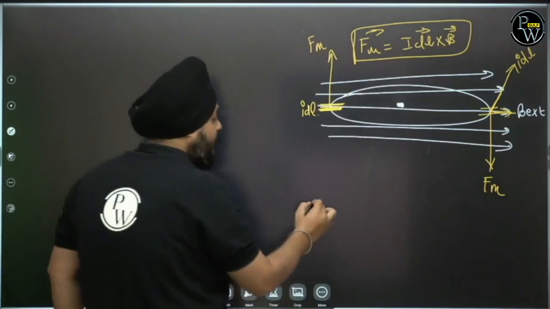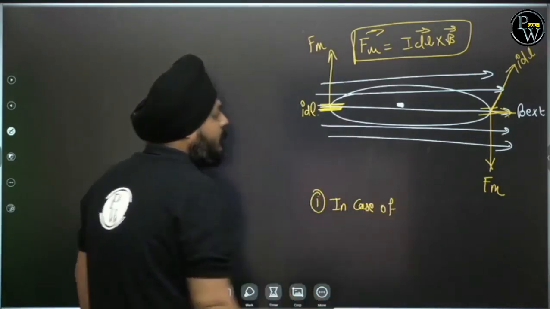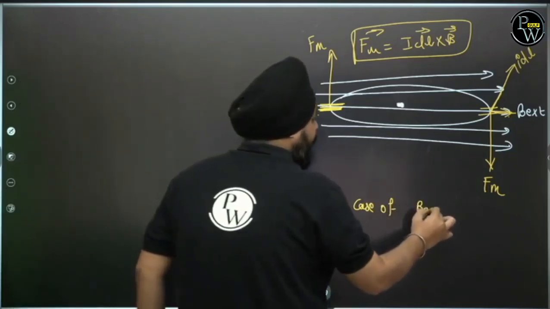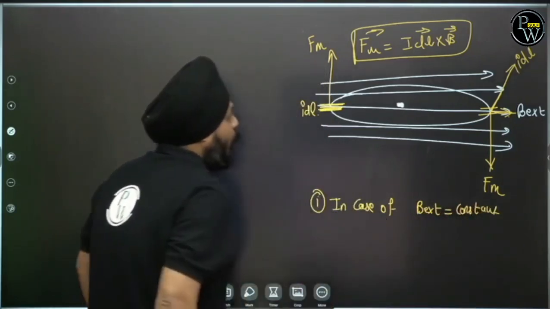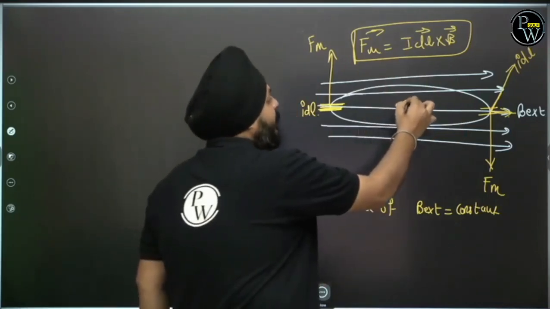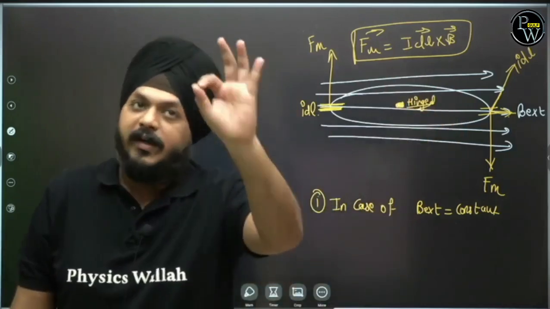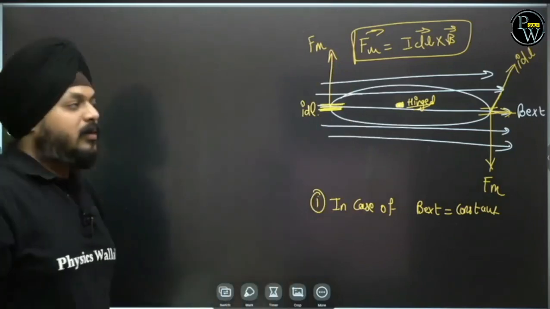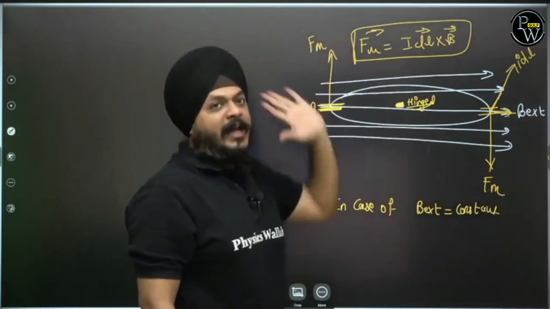So we have seen this for an external magnetic field kept constant, on the two edges of the loop. Suppose the loop is hinged at this point. Let us take an example. This hinge is just for understanding purposes, don't fix it in your mind. One force acts downward, one force acts upward.